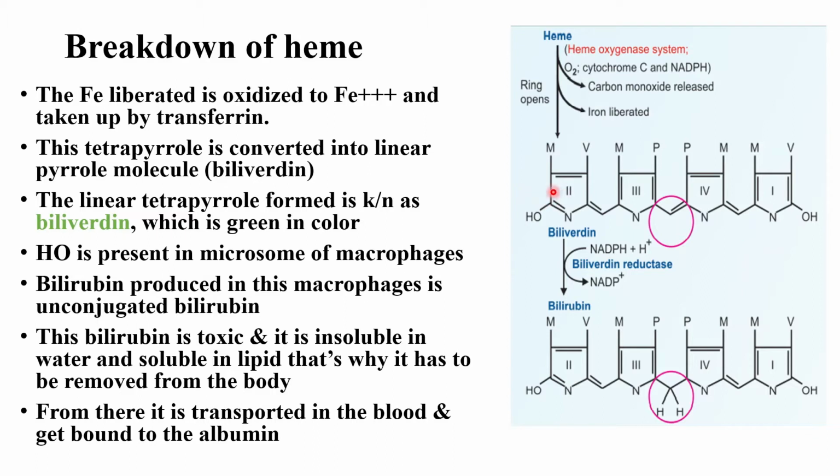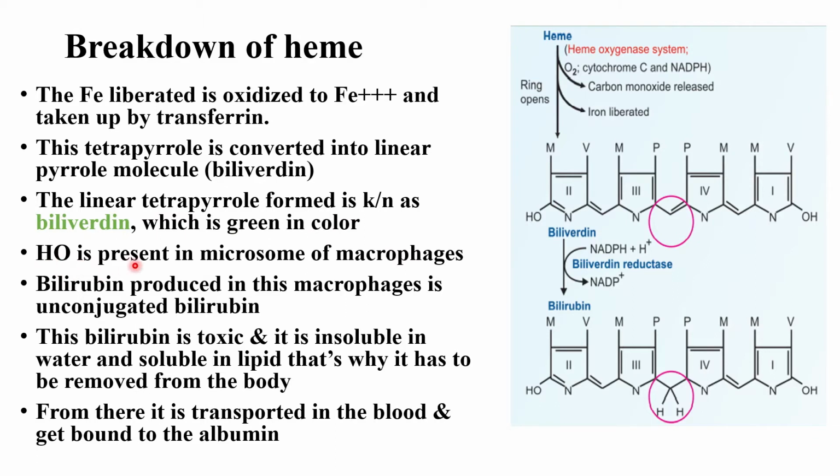This leads to the conversion from the tetrapyrrole structure to a linear structure, a linear tetrapyrrole, that is biliverdin. This is a green color compound. The linear tetrapyrrole formed is known as biliverdin. This is green in color.